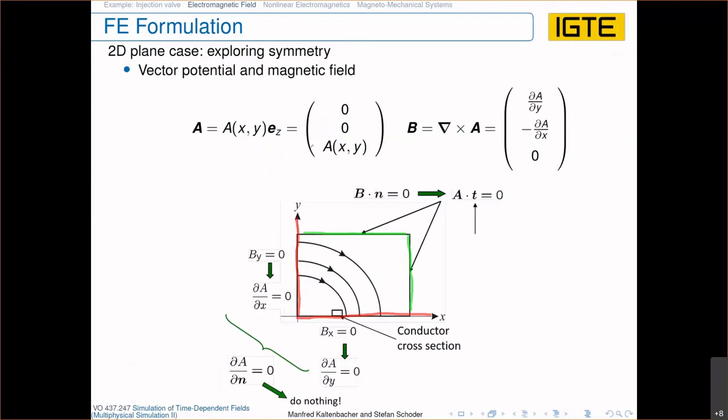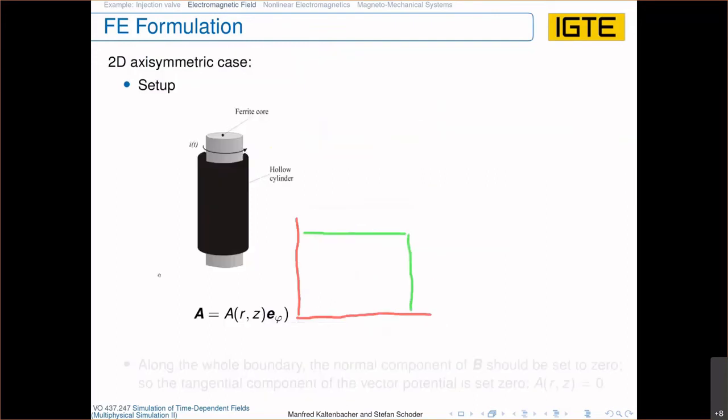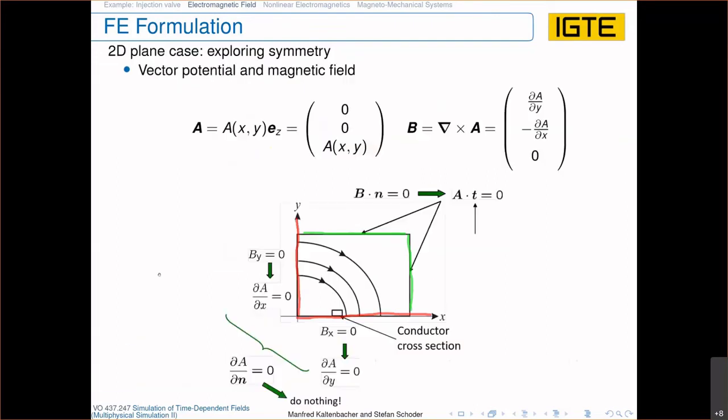The tangential value is exactly in z direction, so we just set the AZ component of the magnetic vector potential to 0. This is more or less standard, what you do at the outer boundary.